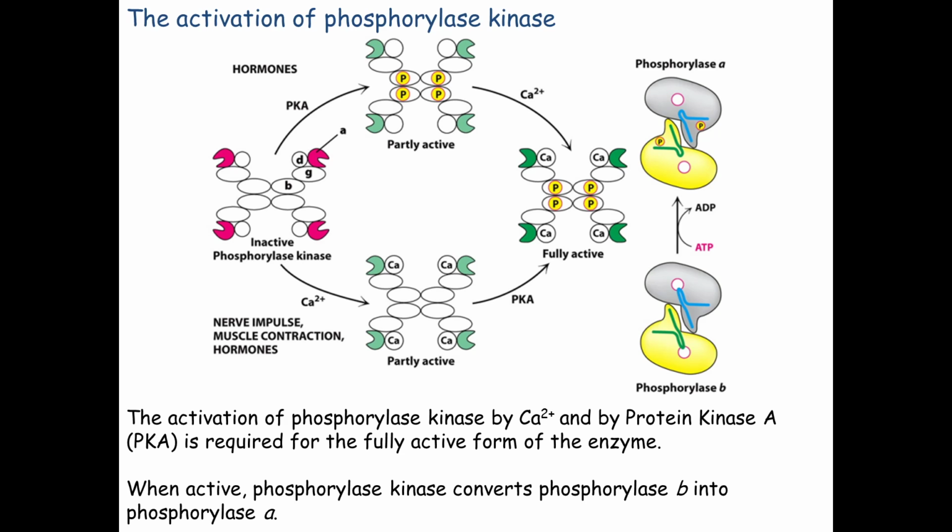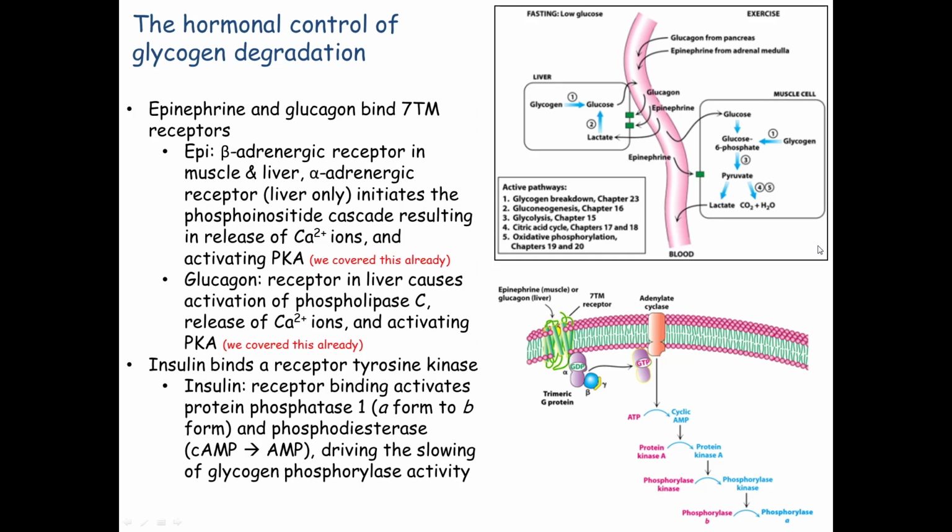Right? So that's in our muscle contraction. So we'll talk about these hormones and how this works in a second, but we've already covered it in reality. And we partially activate this kinase, right, and fully activate it, right, by putting the phosphates on and the calcium on. Okay, so let's talk about those hormones and how those three work.